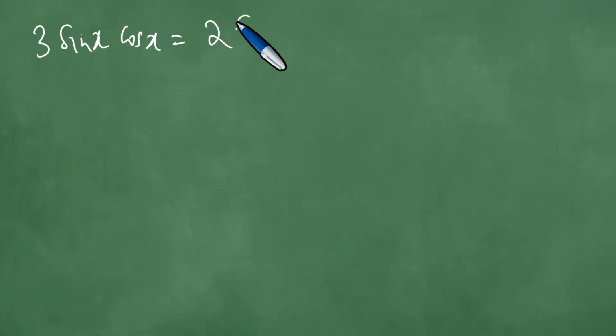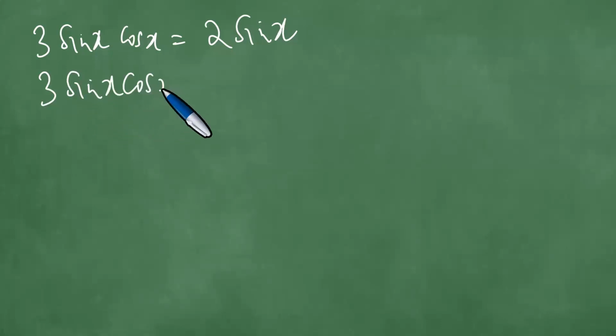Next, what do we do, Tando? Right. What is the next step, Tando? I think we should take 2 sine x to the other side. Well done. Right, so we transpose 2 sine x across the equal sign.